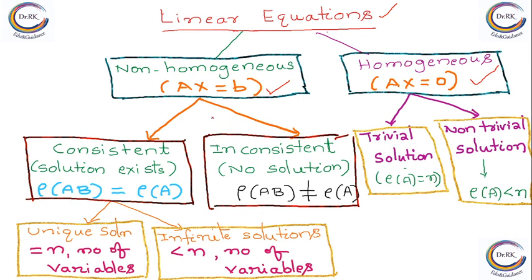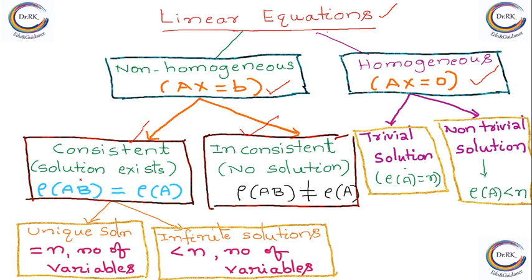And we have seen two instances happen. The system may be consistent or the system may be inconsistent. Consistent means a solution exists. Inconsistent means there won't be any solution. When we say a system is consistent or inconsistent, consider the rank of the augmented matrix AB, where B is this small b.